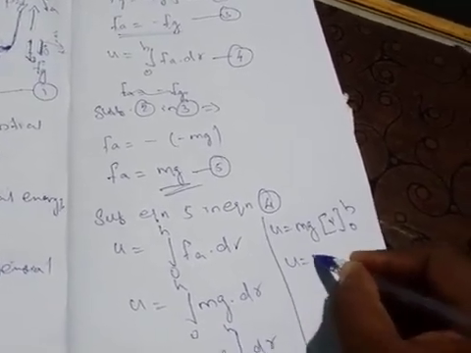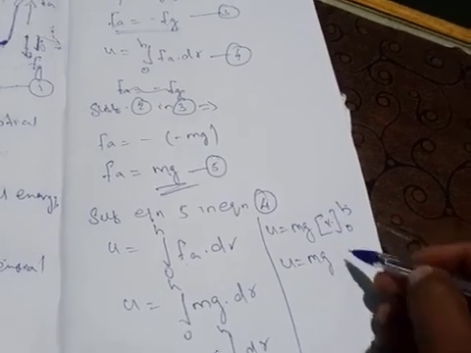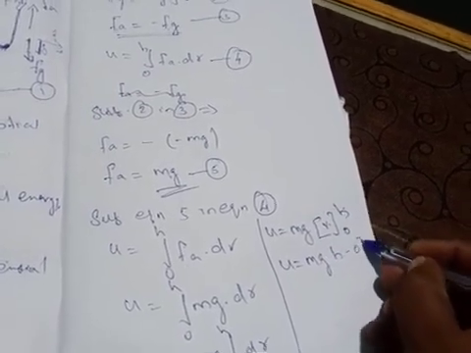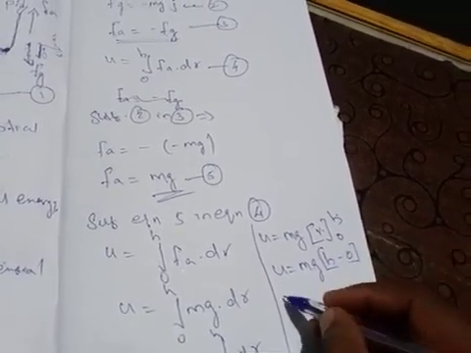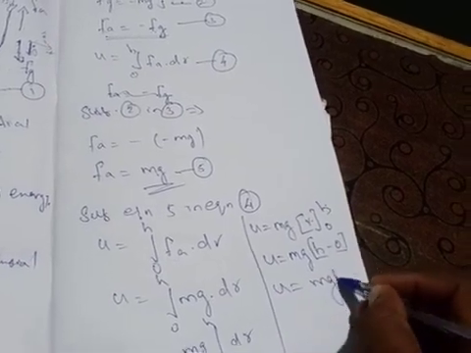Now U is equal to mg, applying upper limit h minus lower limit 0, so U is equal to mgh. So we got the expression.